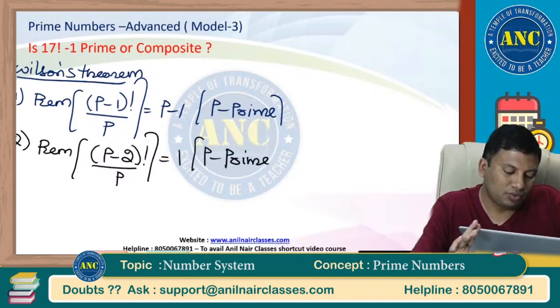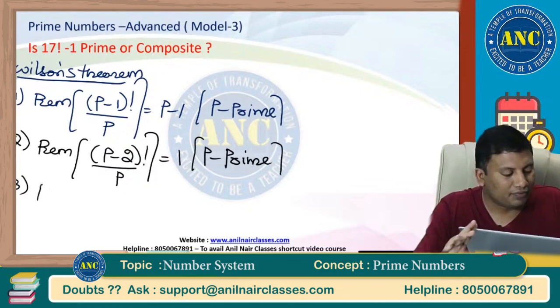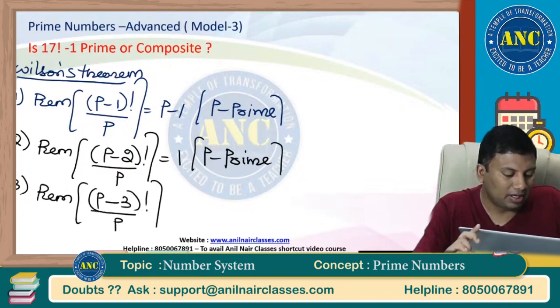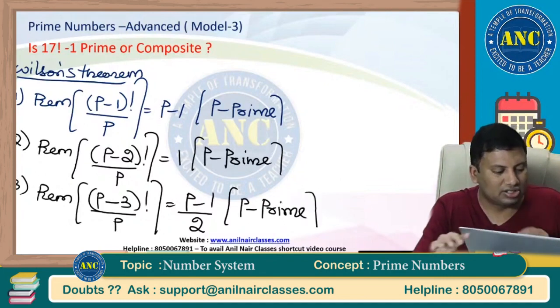Third, the remainder when p minus 3 factorial is divided by p is nothing but p minus 1 by 2. These are the three important conclusions from Wilson's theorem.